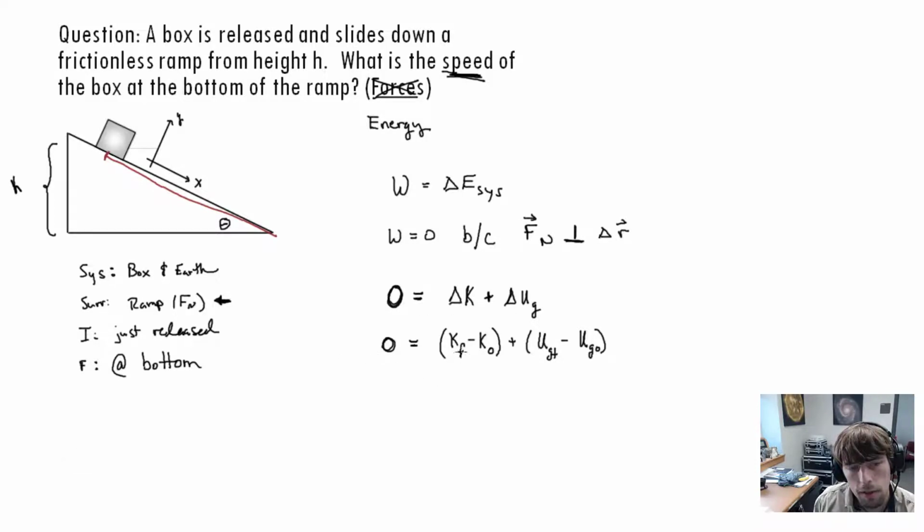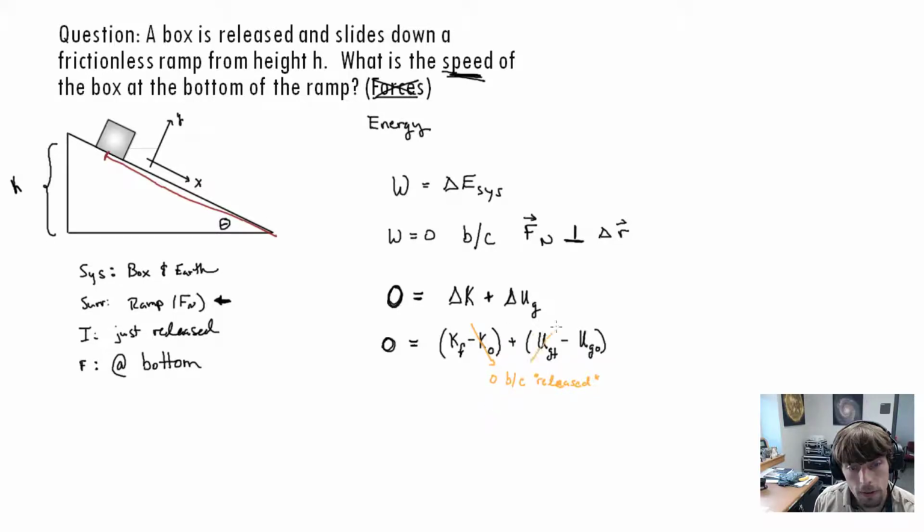If I think about the final kinetic energy and the initial kinetic energy, I can set the initial one equal to 0, because released. How about the potential energies? Which one can I set equal to 0?